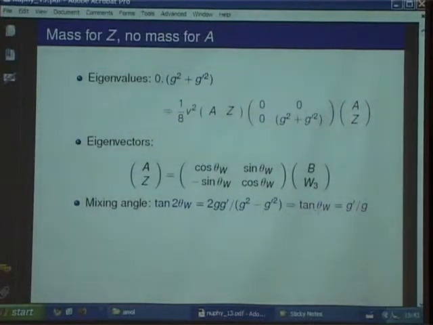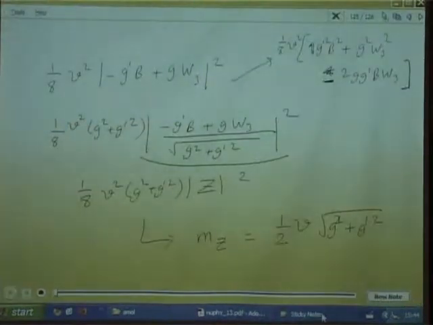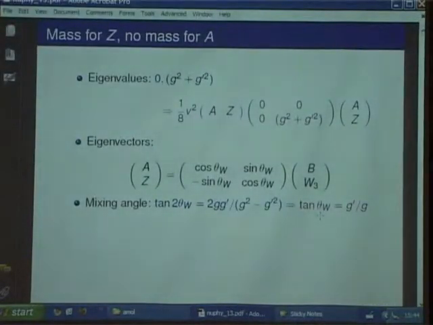This actually happens to give you tan theta equal to g prime by g. So the mixing angle was just simple. I actually had given you the answer earlier, because I said this looks like sin theta and this looks like cosine theta, and I said g prime equals g tan theta W. So g prime by g was just equal to tan theta.